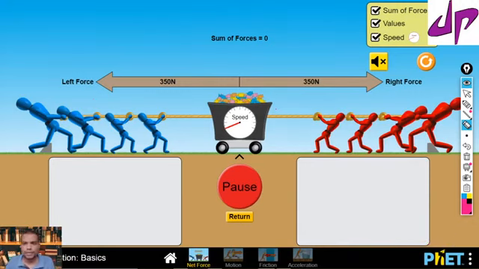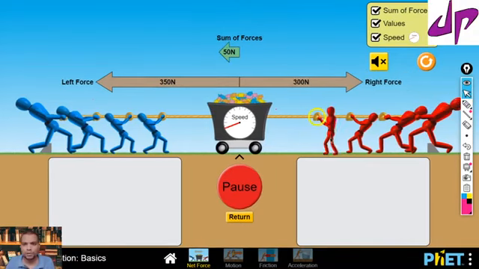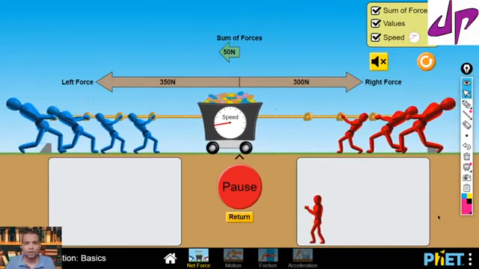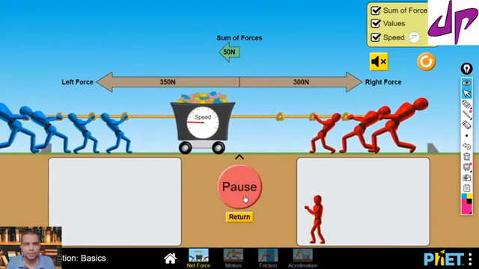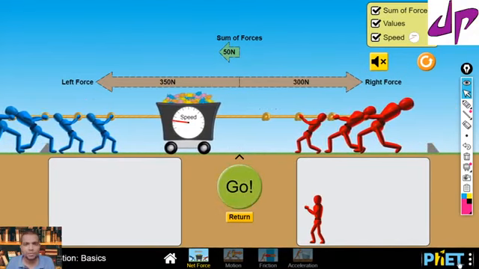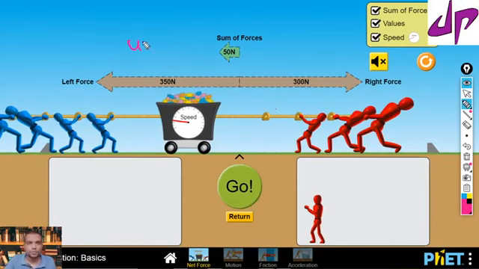Suppose now I take one fellow out and pull him down. Now you can see what happens. It became an unbalanced force. In this unbalanced force, you can see in which direction more force is there.